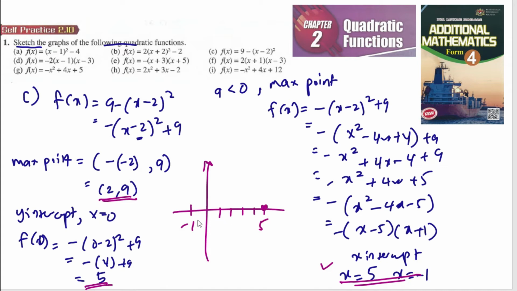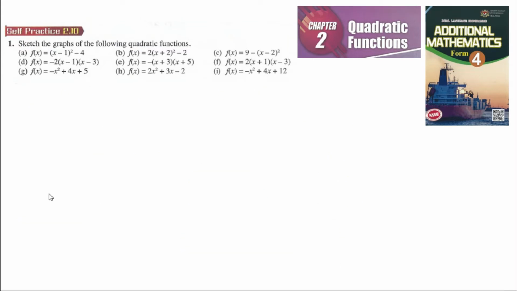Maybe 5 is here. So this is the x-intercept. So the maximum point is at 2 and 9. So maybe 9 somewhere around here. So 2 and 9, this one is the maximum point. And then the y-intercept is y is equal to 5. So maybe 5 is somewhere around here. So the graph will go through this point and intercept at 5 and go through negative 1.